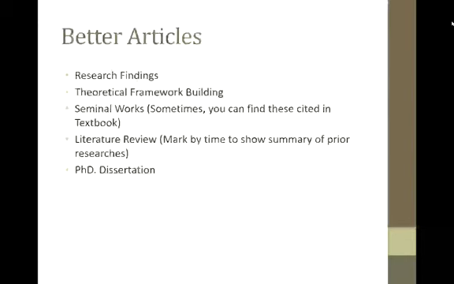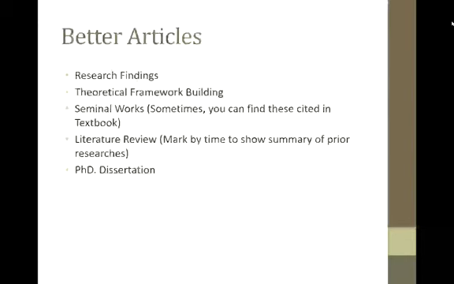So a better article here comes out of research, a solid research finding, or comes from a verified and publicly recognized theoretical framework, or some sort of seminal work. You go to the Nobel Prize winner, who has published a book on, say, artificial intelligence. Say, for example, Herbert Simon, as early as 1978, I believe.